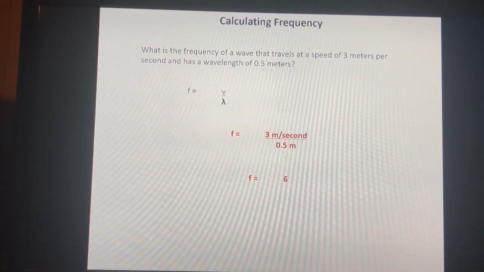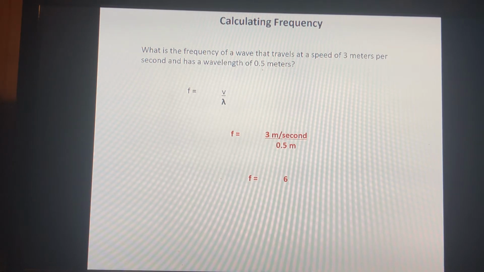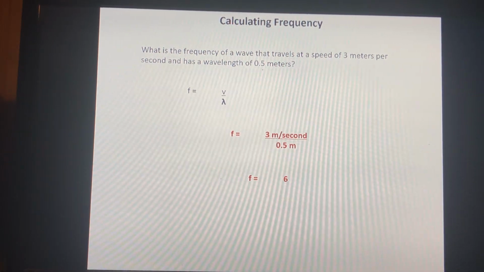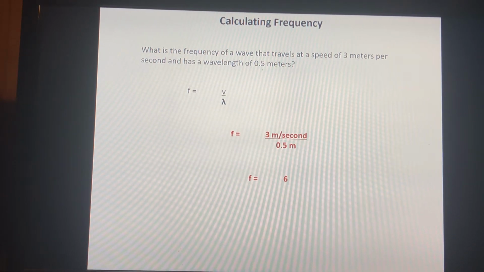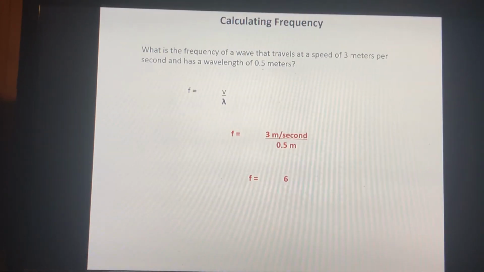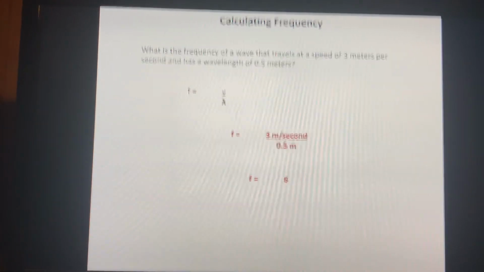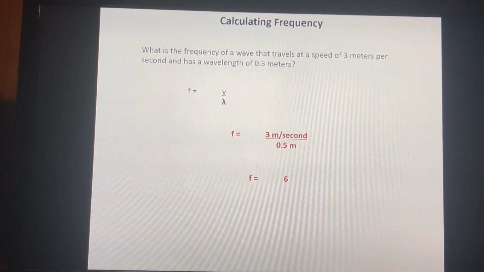So now we need to label it, and it's kind of got a strange label to it. We have meters divided by meters, so those are going to cancel out. I didn't cancel them out on my PowerPoint, but looking at it mathematically, remember that in science, we aren't just multiplying and dividing the numbers, we're also multiplying and dividing the stuff that goes with them, the meters, the seconds, things like that.